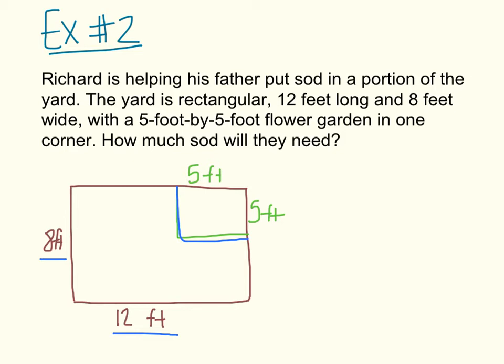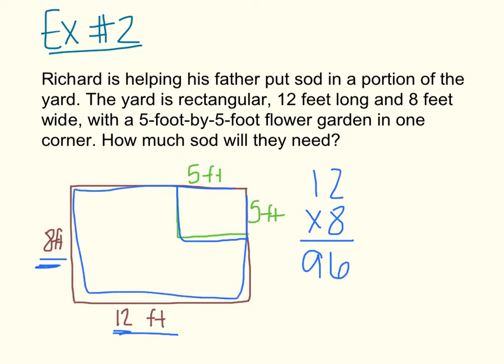Okay, so let's figure out the area of our yard all together first. So we're going to have 8 times 12, which gives us 96. But that's our whole shape. We have this little garden that we don't need to cover with sod. So let's figure out what that is: 5 times 5, because it's a square, which is 25.